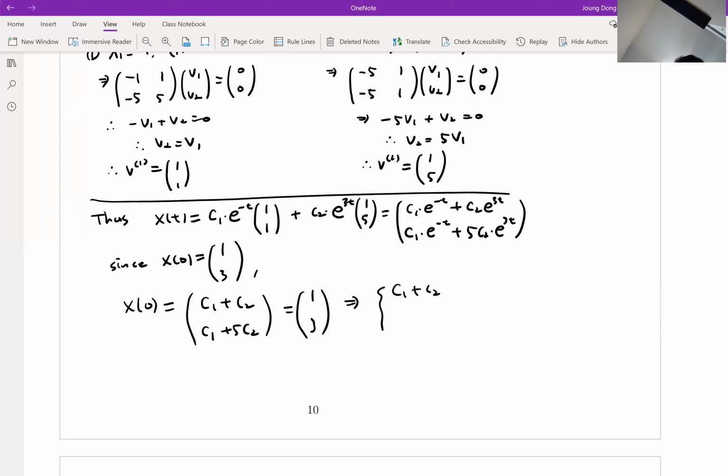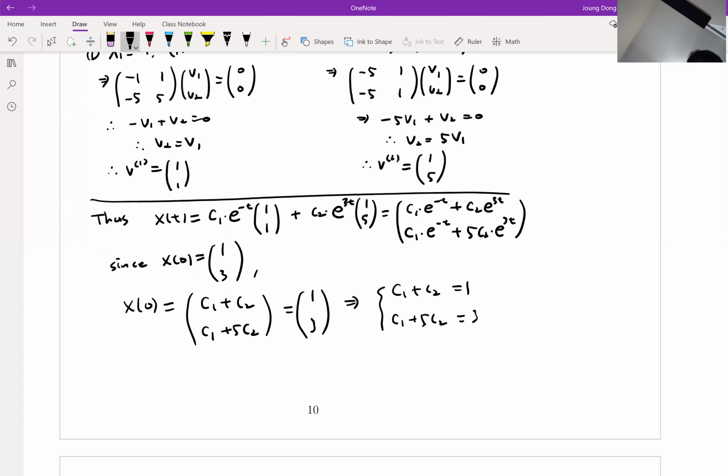Actually, if you want to use the inverse matrix, you can do that. But I would love to do it this way because this is much simpler. Let me do the elimination. Subtract. It will be negative 4 C2 equals negative 2. Then my C2 is 1/2, right? Then automatically C1 is 1/2 as well to make it 1, okay?